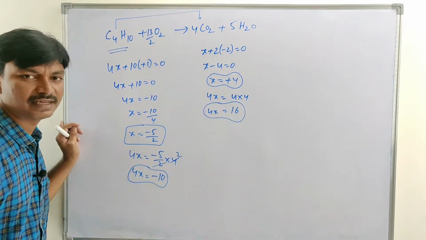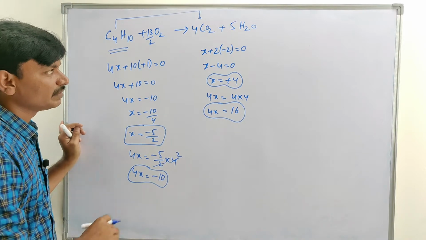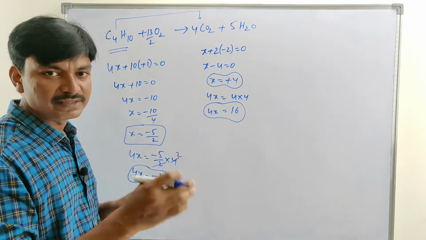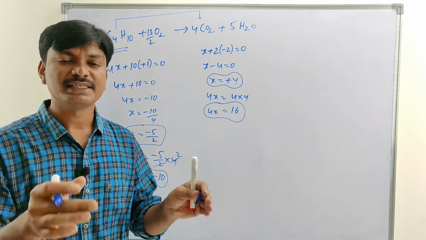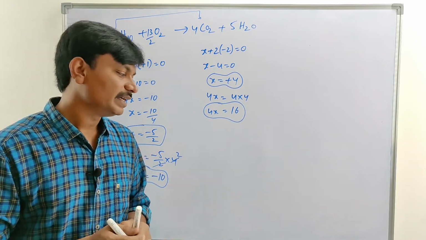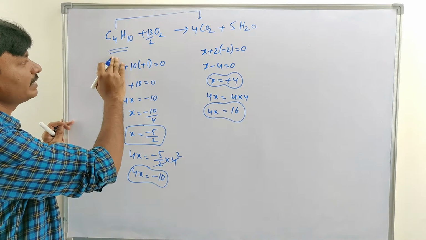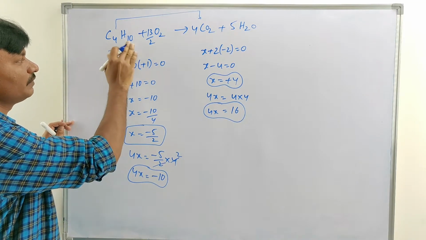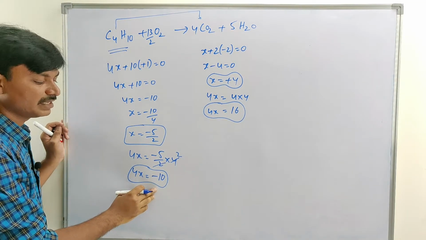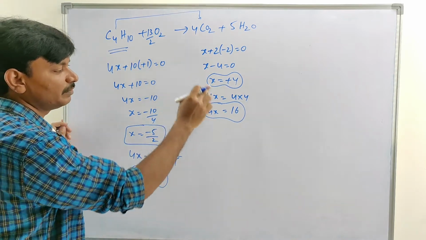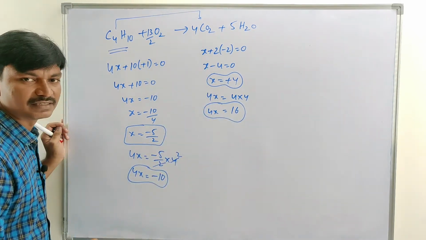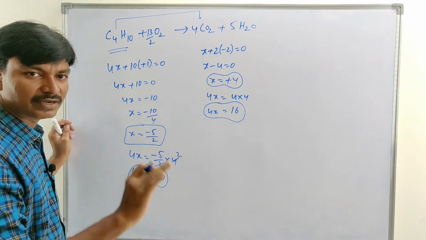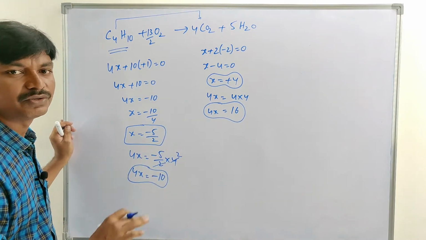Plus 16 electrons. But n factor value mainly depends on changing electrons, or transferring of electrons, or valency factor. Okay, clear? But here, in the reactant side, in C4H10, the 4 carbons oxidation number will be minus 10. But in the product side, the 4 carbons oxidation number will be plus 16. Total transferring electrons in the given conversion is 26.